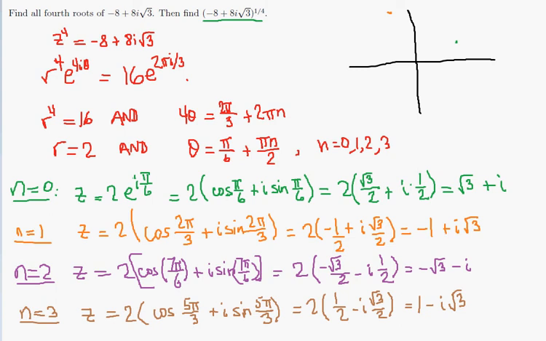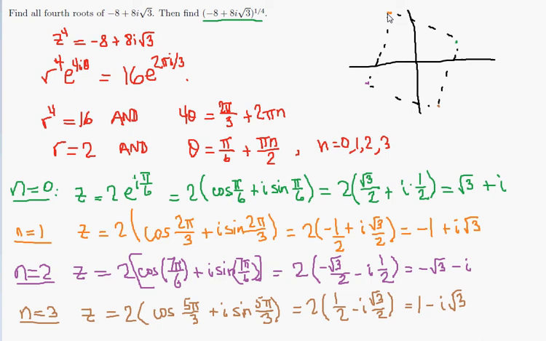The third one in purple is going to be at negative square root of 3 minus i. And the fourth one in brown is at 1 minus i square root of 3. And these 4 points form the vertices of a square, which is not too surprising because I'm rotating by 90 degrees to go from one point to the next.